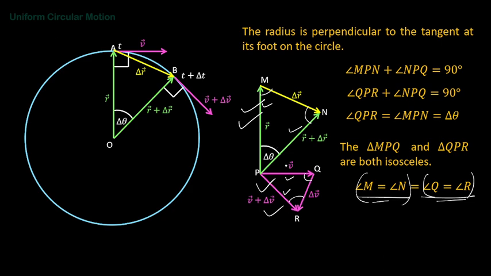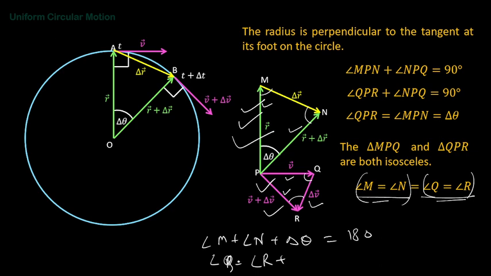Here, the angle M plus angle N plus angle delta theta for this triangle MPN is 180. Similarly, for the other triangle QPR, angle Q plus angle R plus angle P is 180.